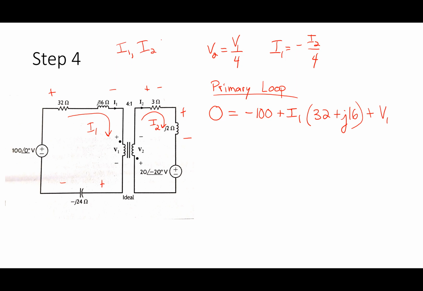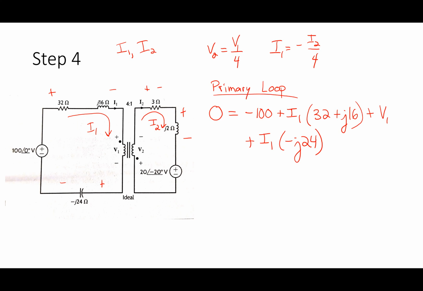Then what? I got one more thing left in that loop, right? Capacitor. So plus the voltage across that capacitor, which is plus I1 times negative J24. I didn't put the negative in the front on purpose, because I know it's plus, because it's plus the minus in my KVL.